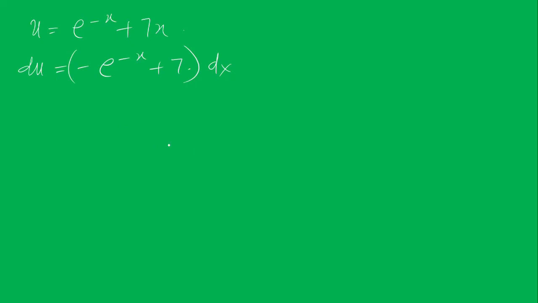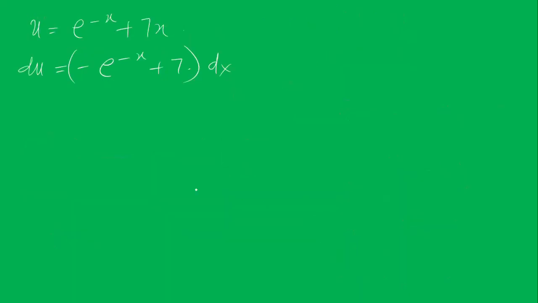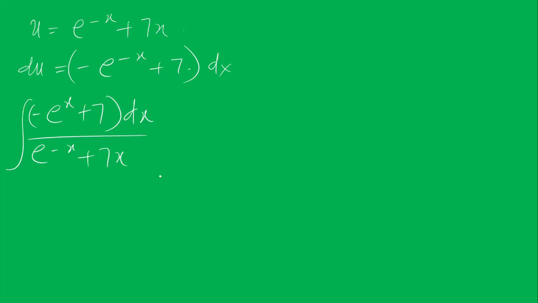Now substituting this into the equation, you now have minus e to power minus x plus 7 divided by e to power minus x plus 7x.